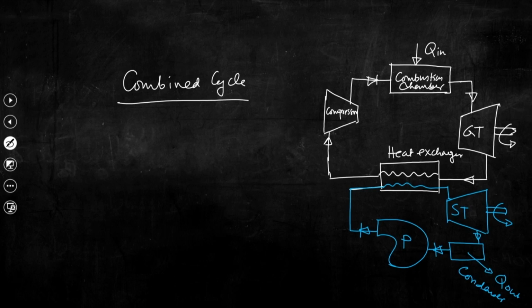Essentially, we are taking the gas that comes out from the gas turbine after doing a certain amount of work to this heat exchanger, wherein that gas, which is at high temperature, is taken away by this stream, that is water.